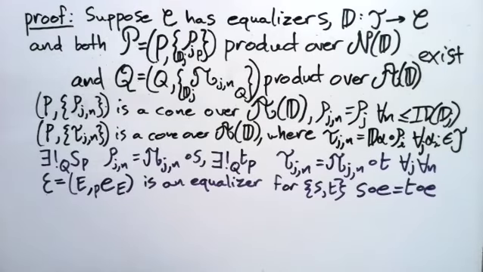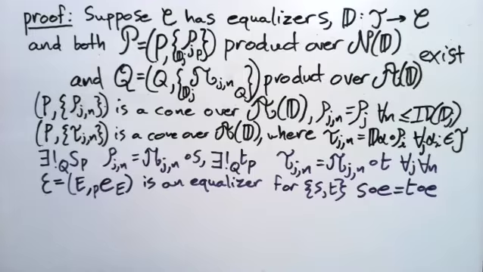And for any other morphism in the category which equalizes S and T like this, there needs to be a unique mediating morphism going from the domain of that morphism into E here, our equalizer object.